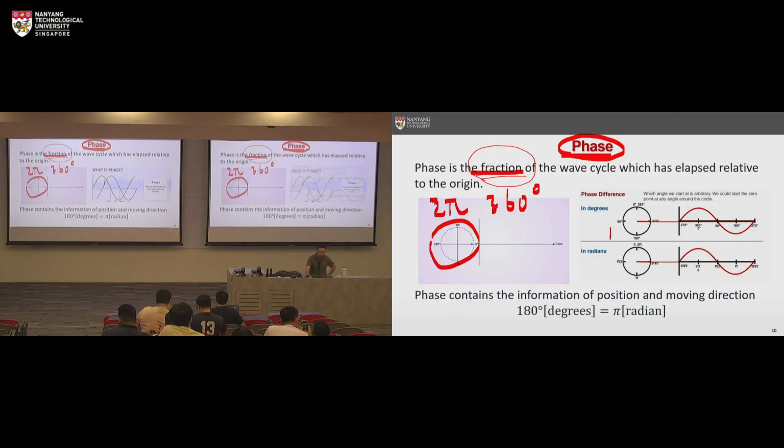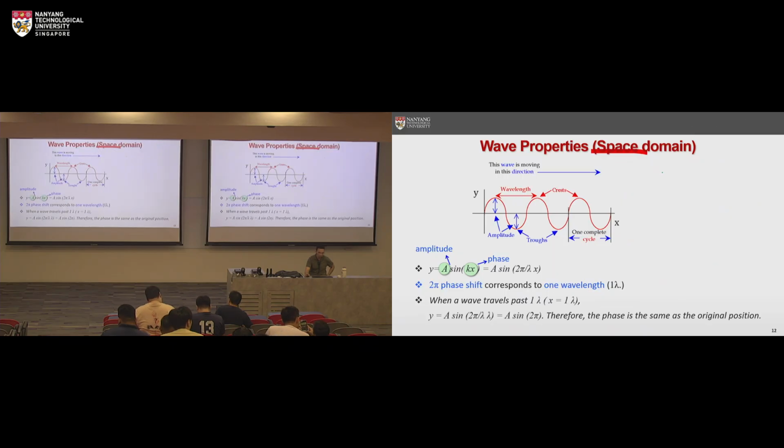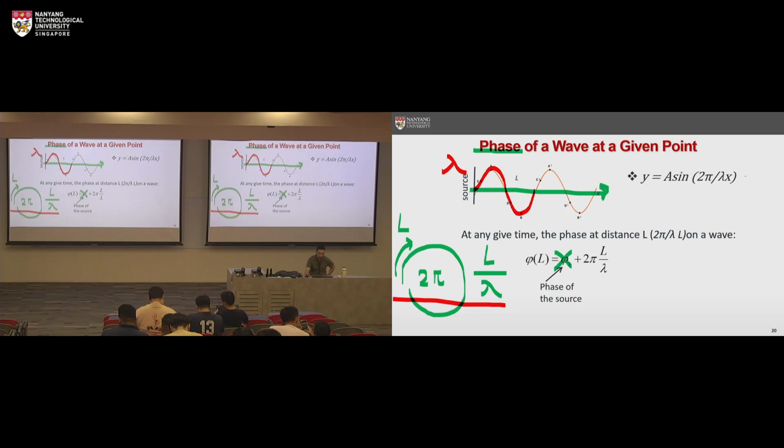I hope you understand that it's a topic talking about fractions: how much distance and how much time your light has been traveling in one cycle. It corresponds to 2 pi, so mathematically it should be written as 2 pi times L over lambda, where lambda is the wavelength.